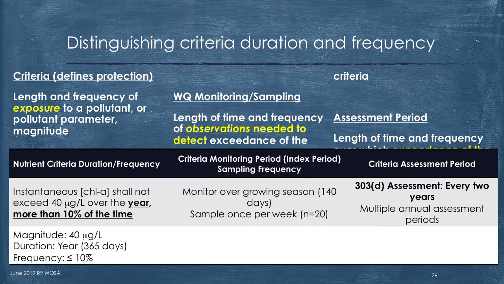Is it 10 exceedances over a year, 1 exceedance, and you go on the 303D list? All these things are really, really important questions to think through as you're going through your process of conceptualizing, to developing, to going through the process of having a standard that goes to EPA for approval.